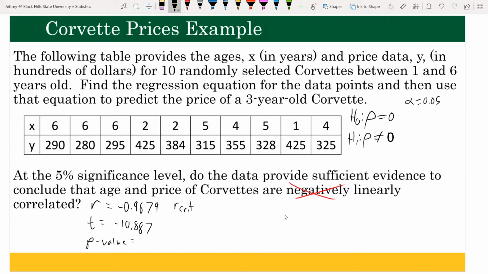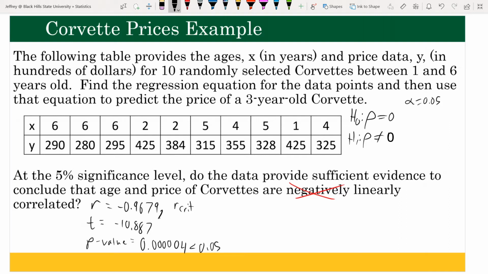And our p-value is 4.4 times 10 to the -6. So we basically have 5 zeros, and then we have 4. So it's a really small p-value. So we can tell that this is less than 0.05. And that means that we have strong evidence to suggest that we can support the claim that there is a linear correlation.